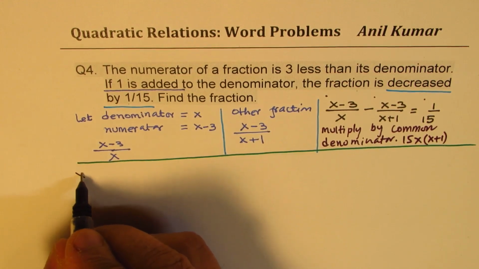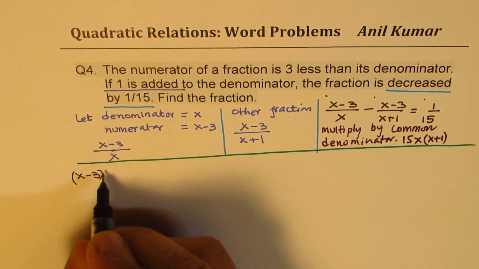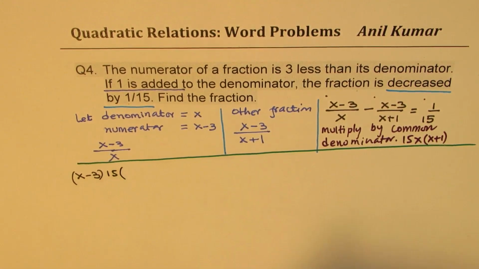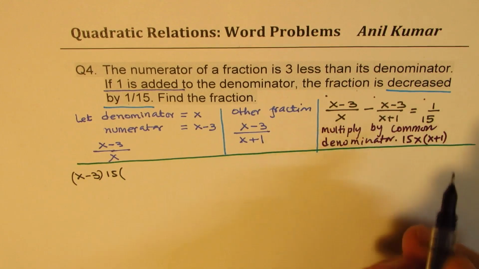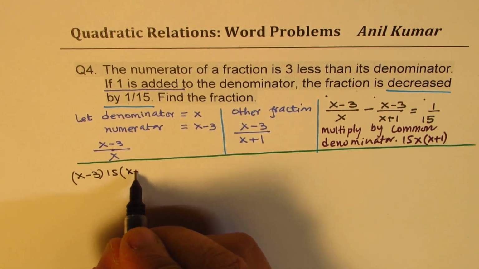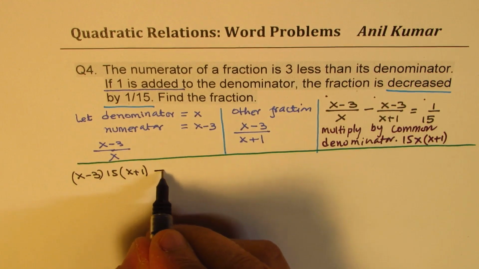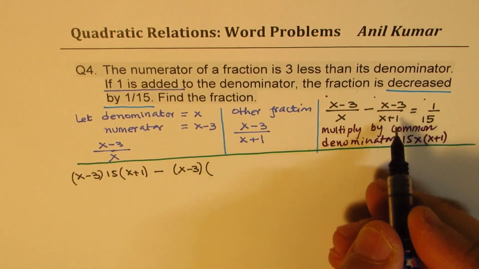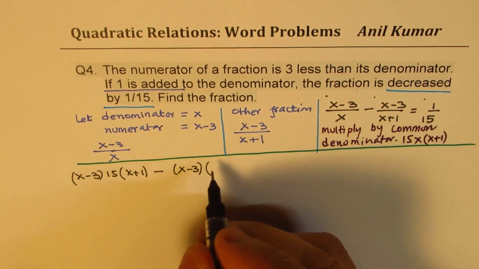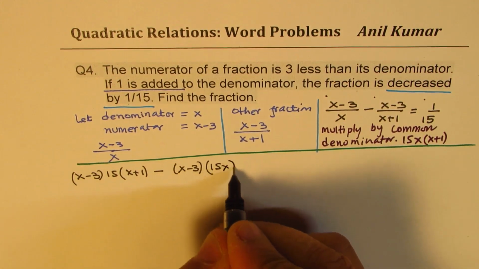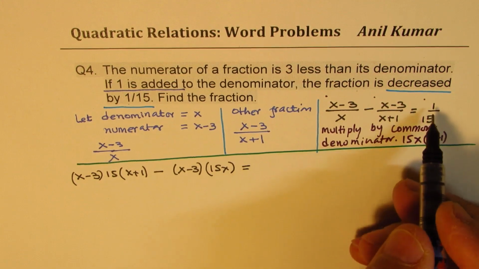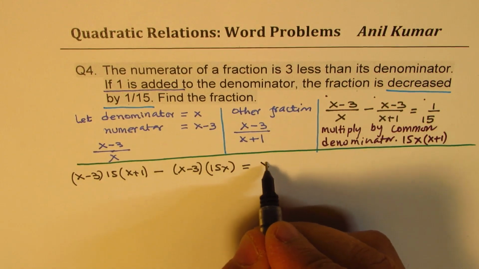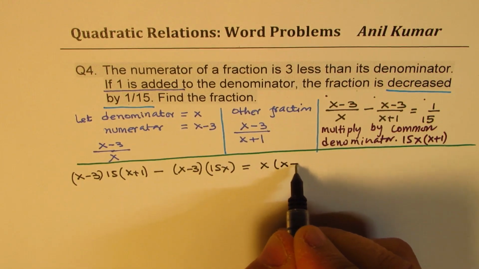So what we get here is x minus 3 times 15 times x plus 1, which is not there in the denominator. Next, we get x minus 3 times x and 15, so let me write 15x equals 1 multiplied by x times x plus 1.